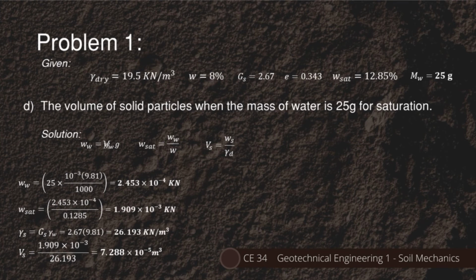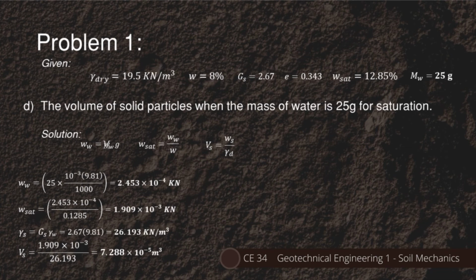And we have the water content for the saturation is equal to the weight of the water over the water content, and the volume of the solid, which is equal to the weight of the solid over the dry.